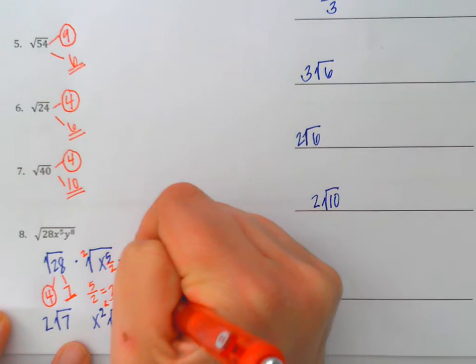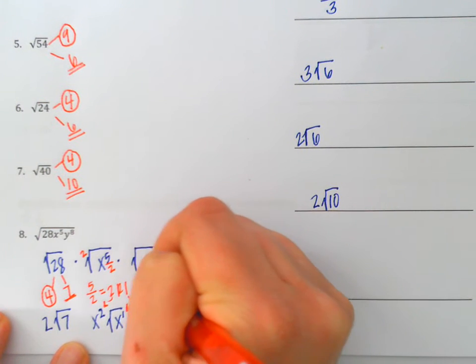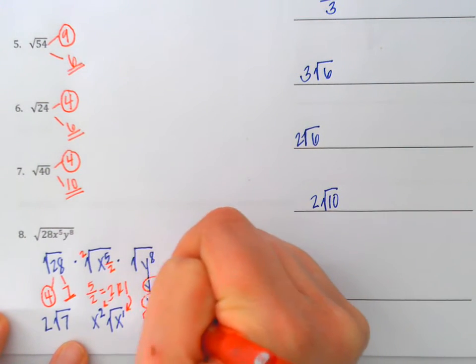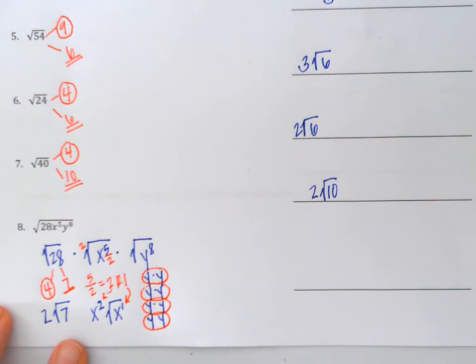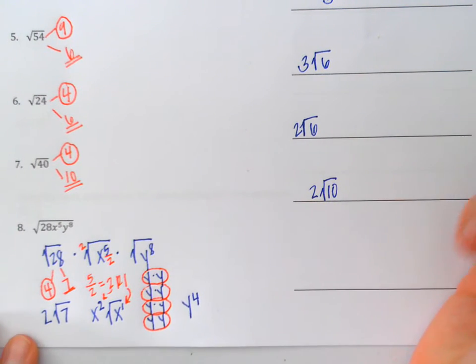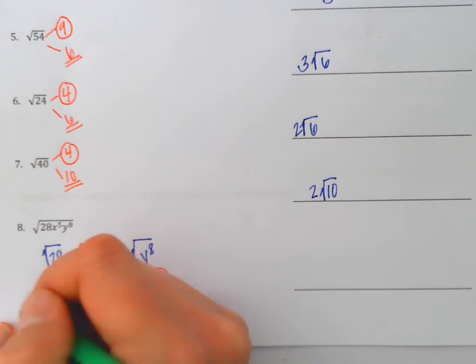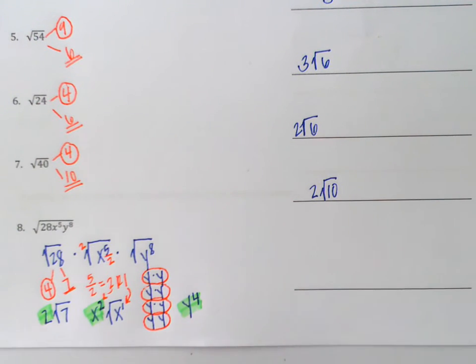We have one group of y's, another group, a third group, and a fourth group. And there's none left over, so what's going to actually come out is y to the 4th. And then I can write everything that's on the outside. So that's the 2, the x squared, and the y to the 4th.